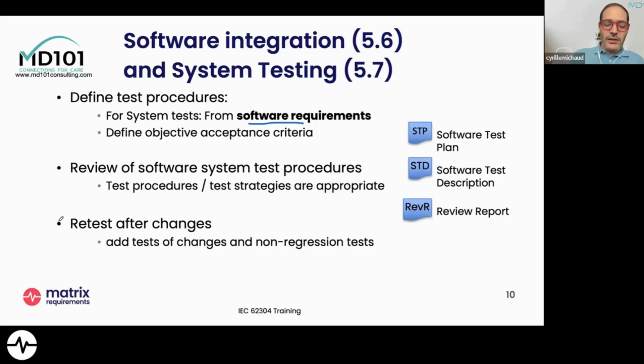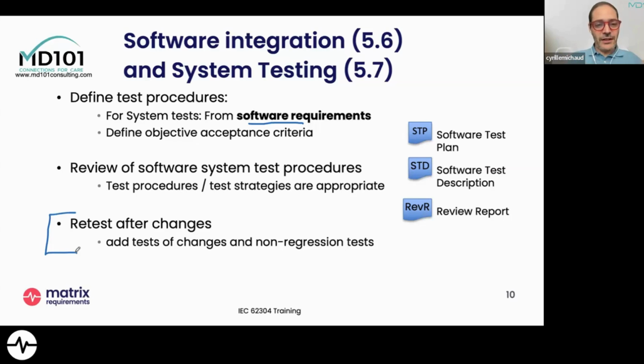Just a tiny bit of configuration management. Of course, if we have changes in the software, the standard tells us that we have to retest after changes. This is why we have the XTC items in the Matrix Req model. It's a way to be sure that we have the appropriate test execution of the test cases.